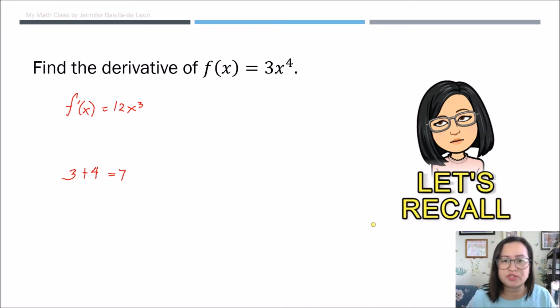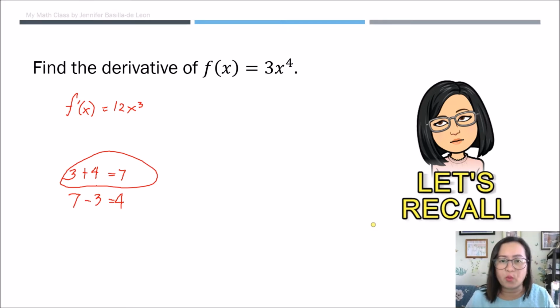So, in order to tell whether we have the correct answer or the correct sum, we have to subtract 7 minus 3. Our answer should be 4. With this, 7 minus 3 is really equal to 4. We can confidently say that 3 plus 4 is equal to 7.